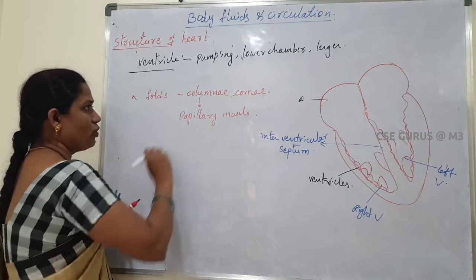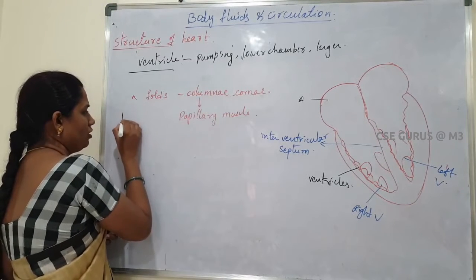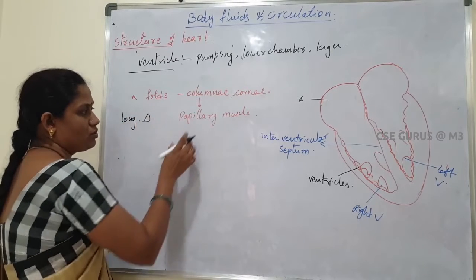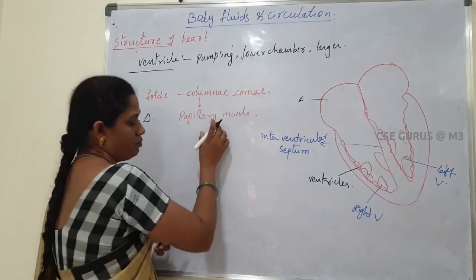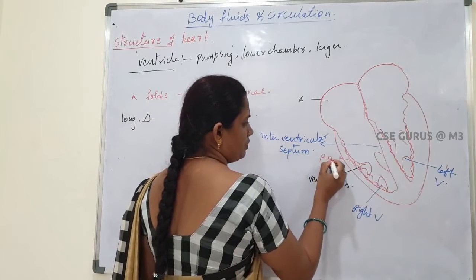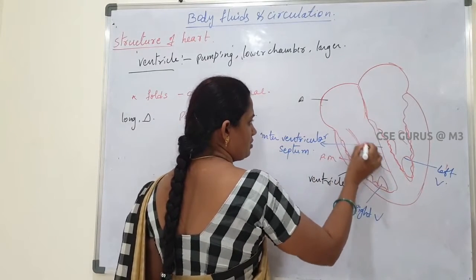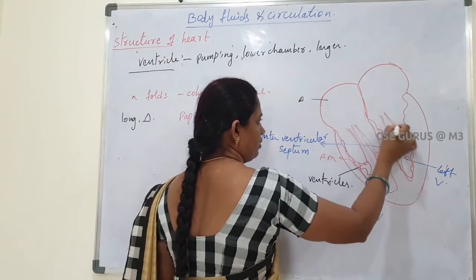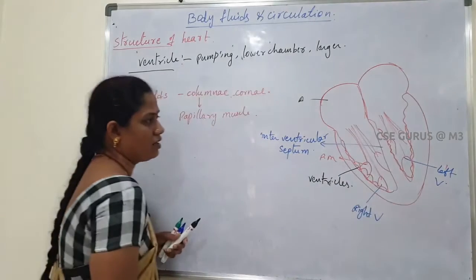In the columnae carneae, some are long and triangular in shape. These are called papillary muscles. From these, long cord-like structures arise.